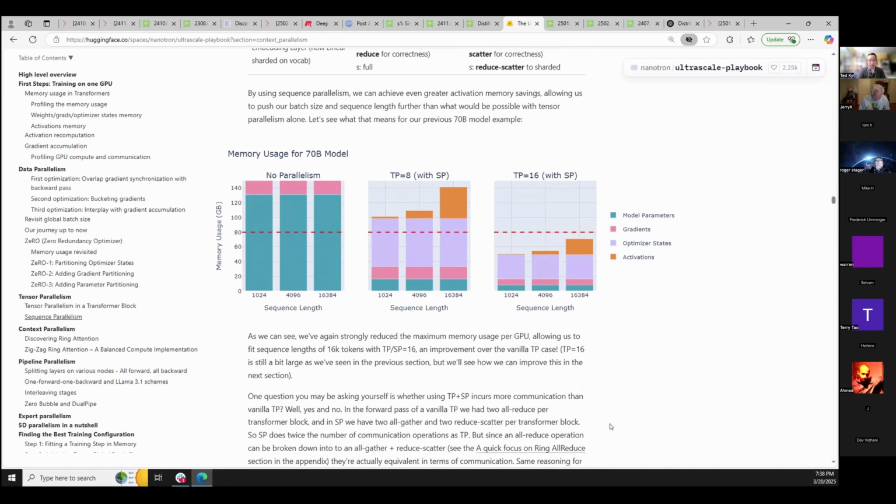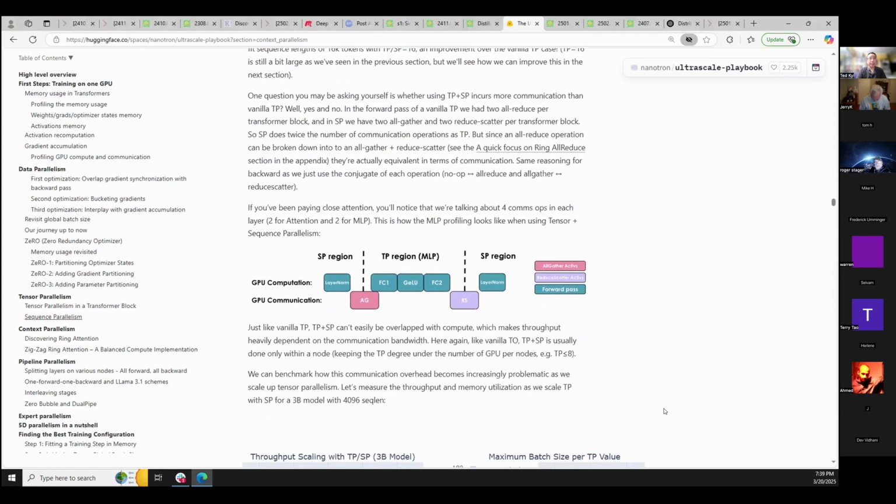The bad news is we saw that it's complicated to code, and it also requires a fairly expensive communication that cannot be overlapped. All right, any questions about our second parallelism, tensor parallelism? All right, let's see here.